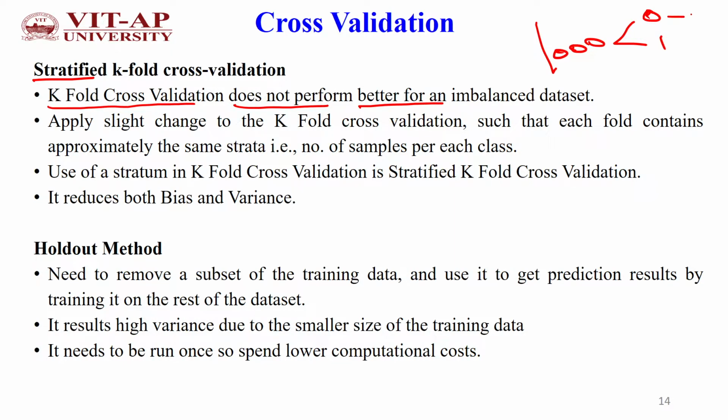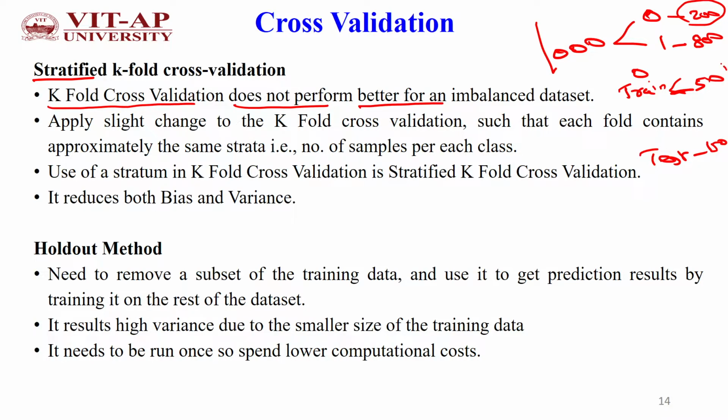Class 0 has only 200 samples, and class 1 has 800 samples. In these 200 samples, during training, suppose for class 0 we take only 50 samples, then testing will take 150 samples.